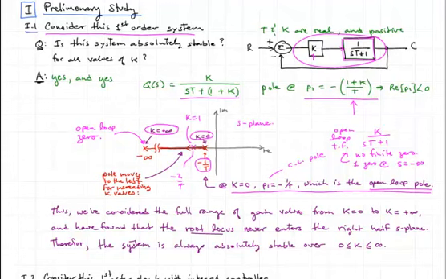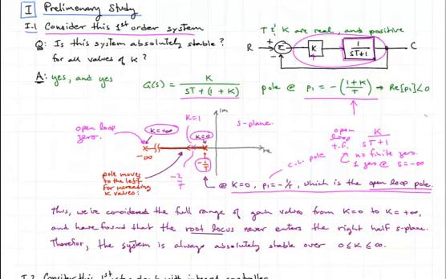So a zero is whenever the transfer function goes to 0, which clearly happens if we have a numerator that has something like s plus 2, right? Then we'd have a zero at minus 2. But if there are no finite zeros, as is the case here, then the only way that the transfer function can go to 0 is when the denominator goes to infinity, which in this case is when s is equal to infinity.